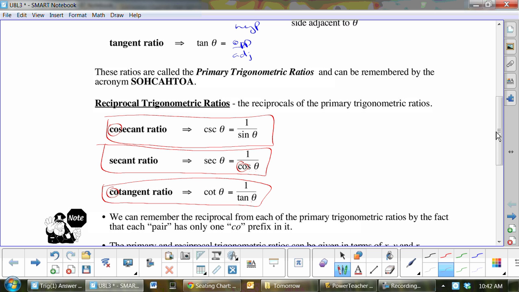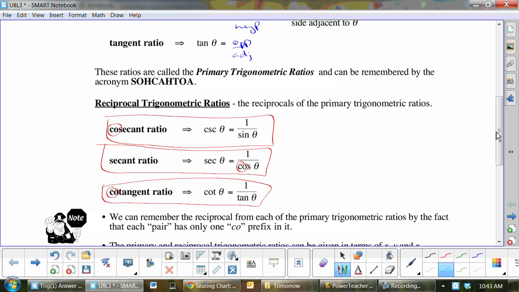They are not the reciprocal of each other. Secant and sine should never be together because there's not a co in there. Now you could say, well, what if I put cotangent with sine? Well, that doesn't even sound good, okay?